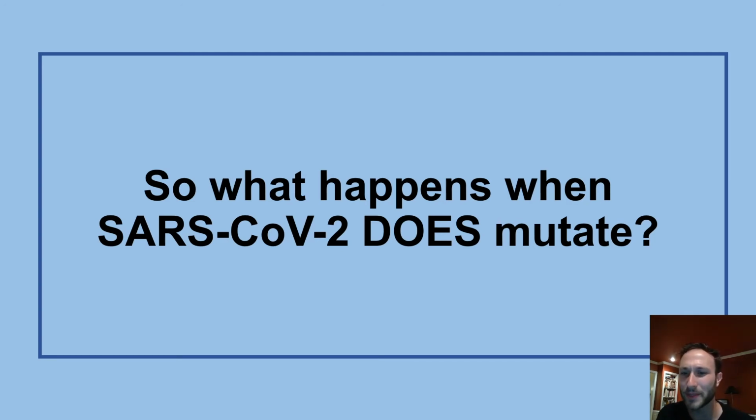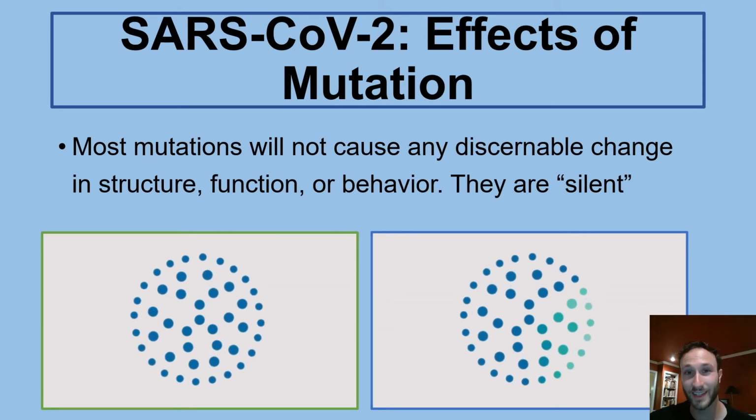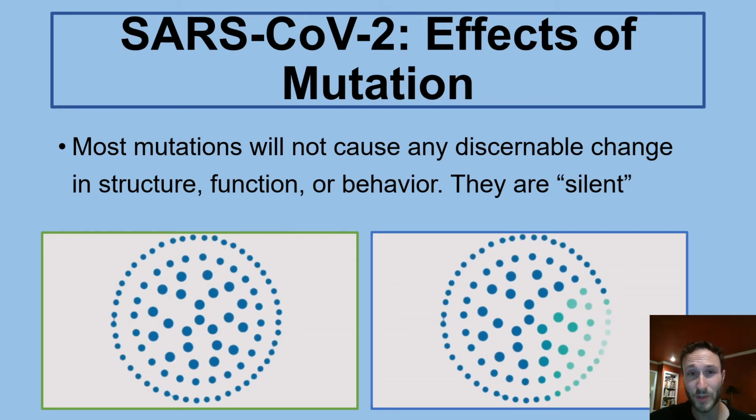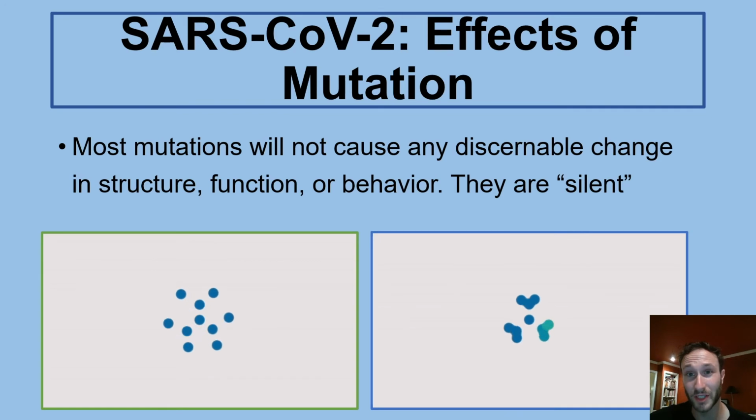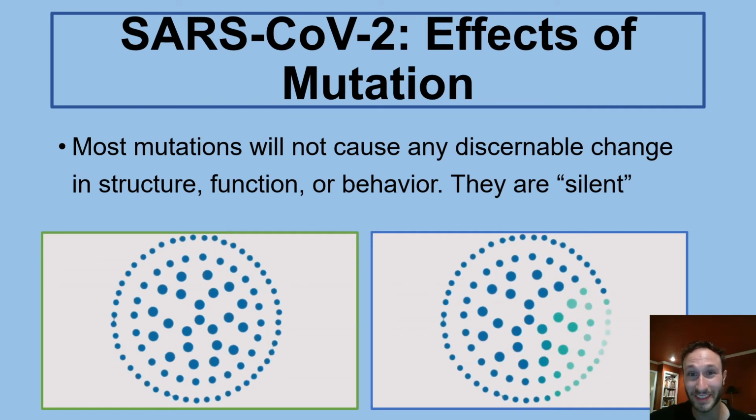So what ends up happening when there is, in fact, a mutation in the novel coronavirus's genome? The answer, in the vast majority of cases, is that nothing happens. So even if a change in the viral genome occurs, this does not mean that a change in the virus itself is going to happen.